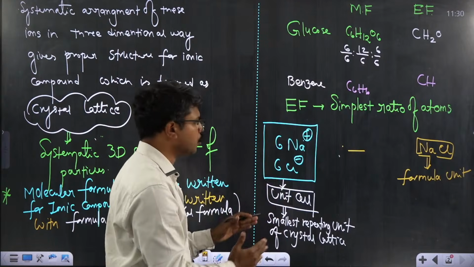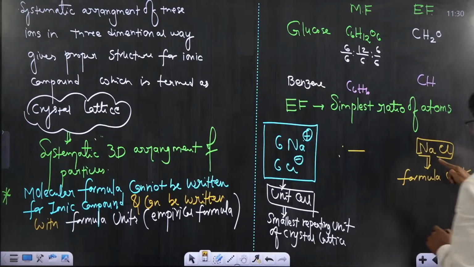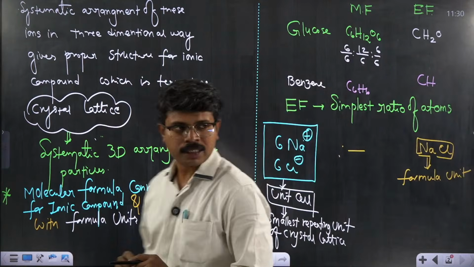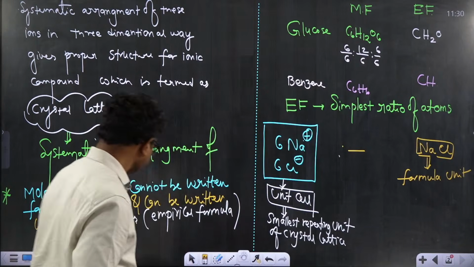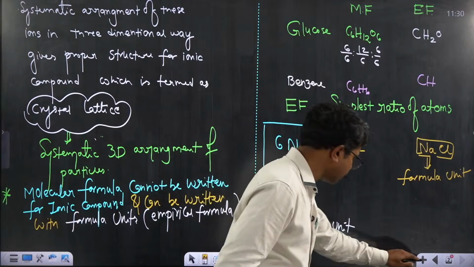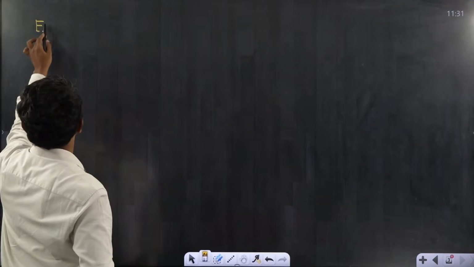If I take the ratio of these ions, you will get the formula unit as NaCl. Okay. I hope this point is clear. Let's move on to the next point. Next, I need to explain about electrovalency.